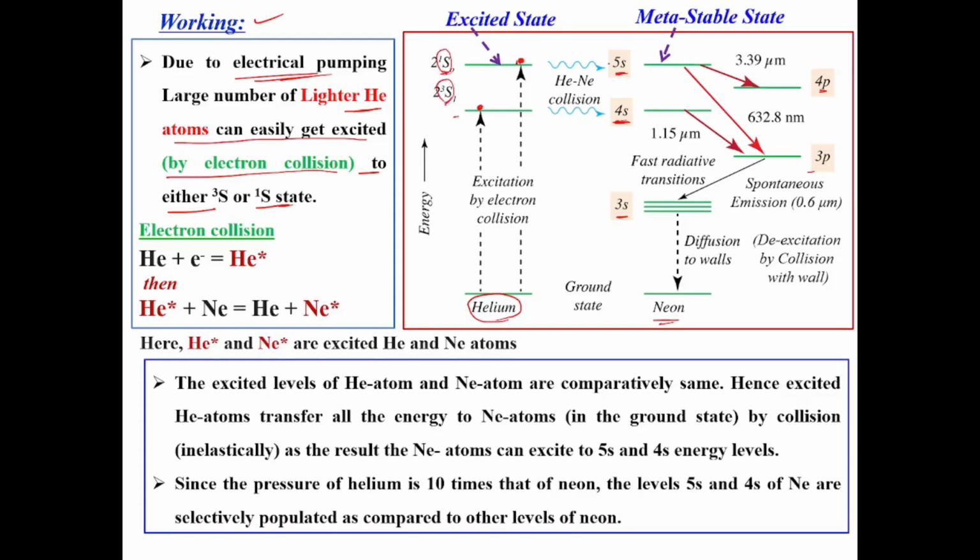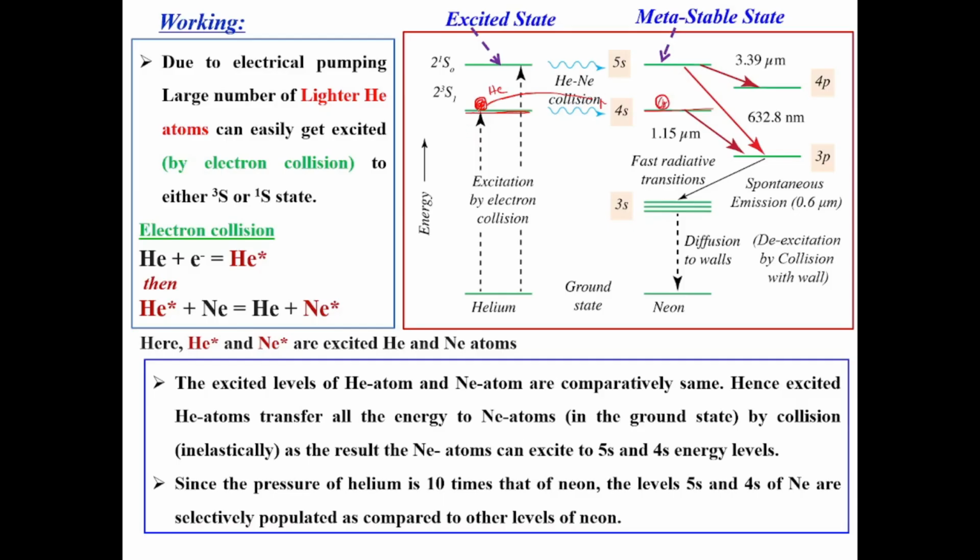So 1s is equivalent to 5s, and 3s is equivalent to 4s. So whatever the helium is excited to, here the 3s state, as this energy level and that energy level are comparatively the same, the helium atom can easily provide the energy to the neon atom, which can be excited directly to this state.